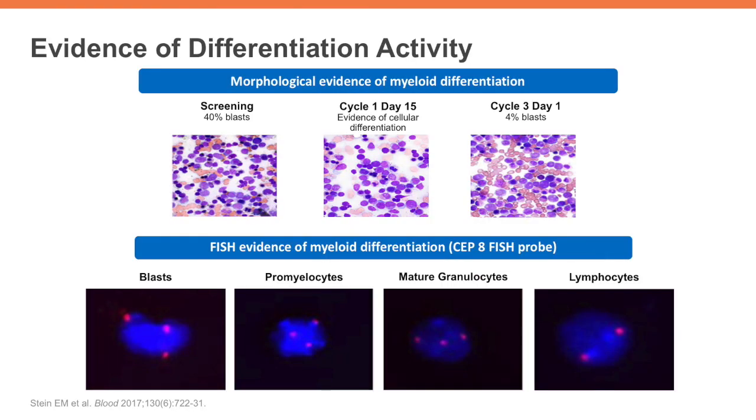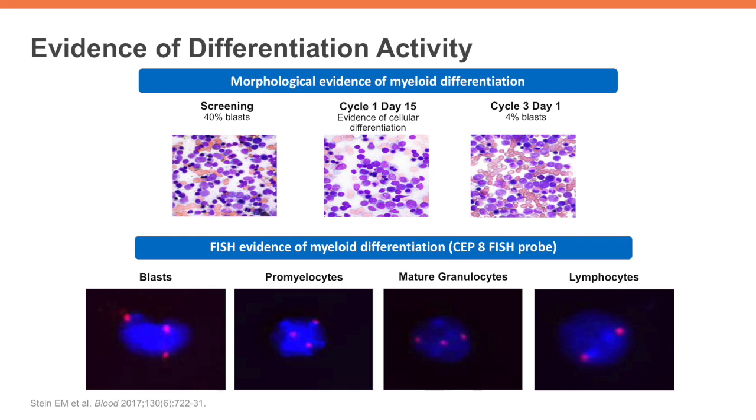Now, due to the mechanism of action of the mutant IDH inhibitors, we see evidence of differentiation activity with treatment in responding patients. This is not myelosuppressive or cytotoxic therapy, but here you can see in a patient over a 3-month period a differentiation and maturation of the leukemia blasts into their normal myeloid counterparts.